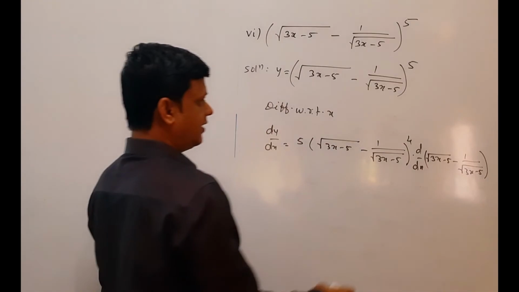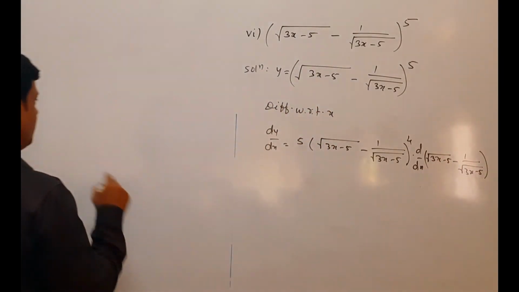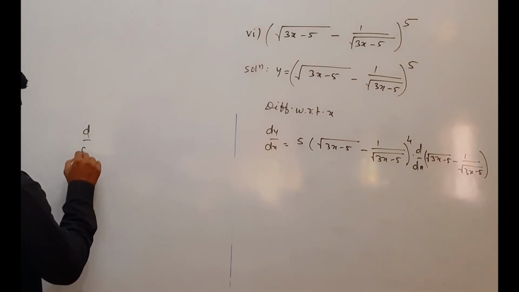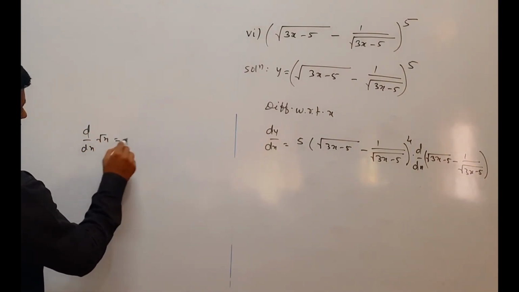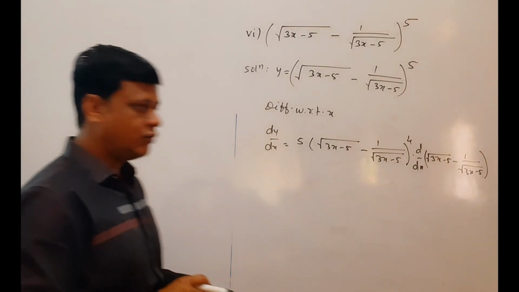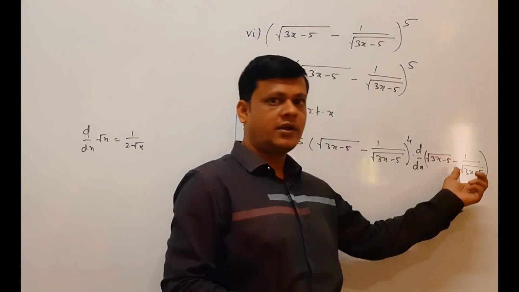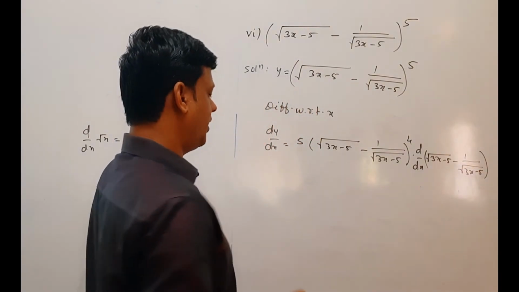So we have to find the derivative of first term minus derivative of second term, but we have the rule for derivative of root x, that is 1 upon 2 root x, but we don't have the rule for 1 upon root x. So we have to reduce that power raised to the power 1 by 4, 1 by 2 form.